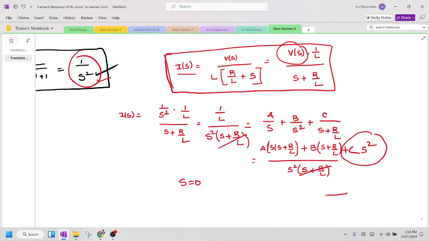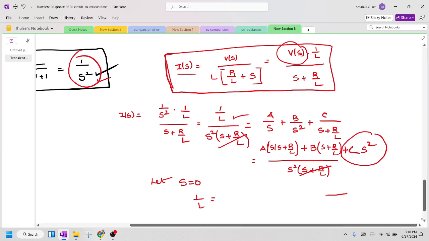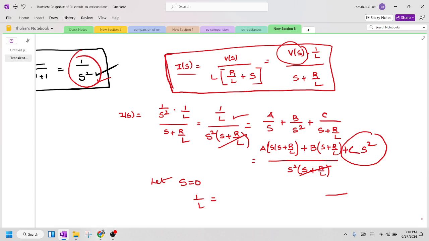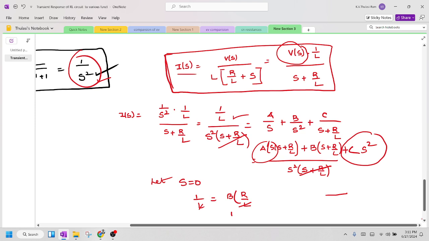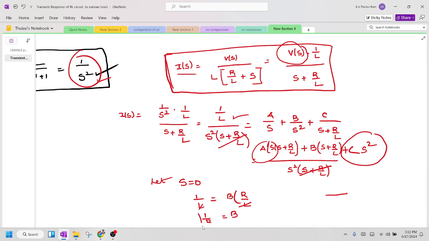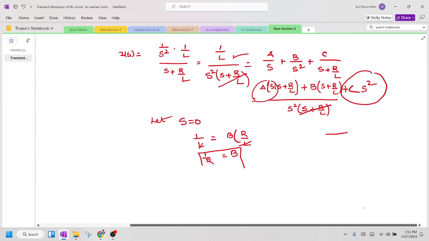Therefore, let us substitute s = 0, then you are going to get 1/L = B into R/L. L is cancelled, therefore B = 1/R.